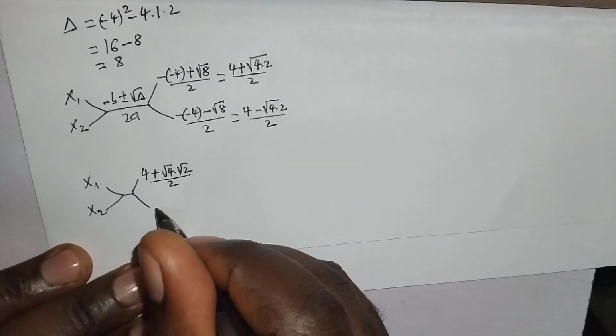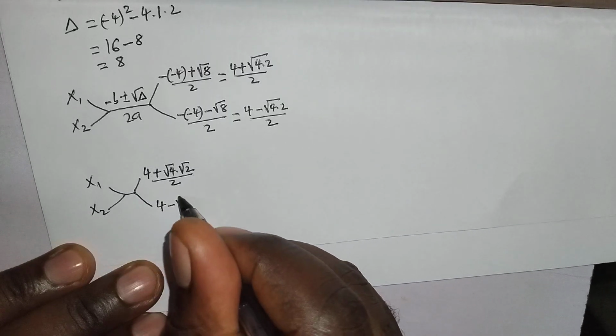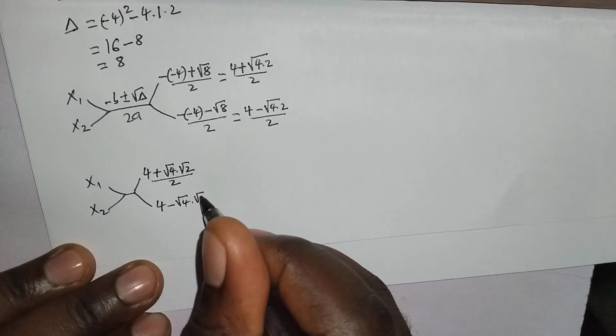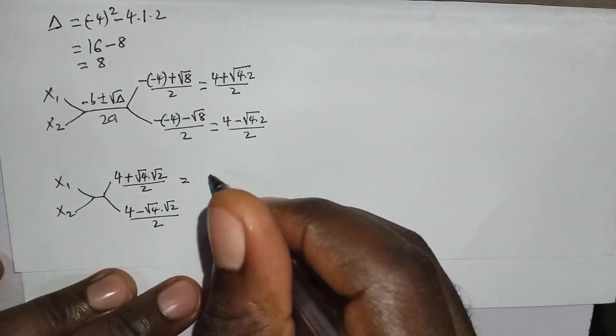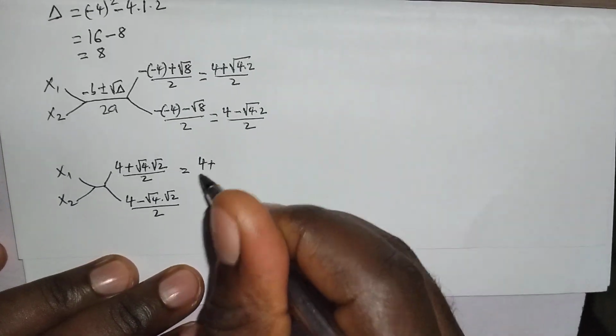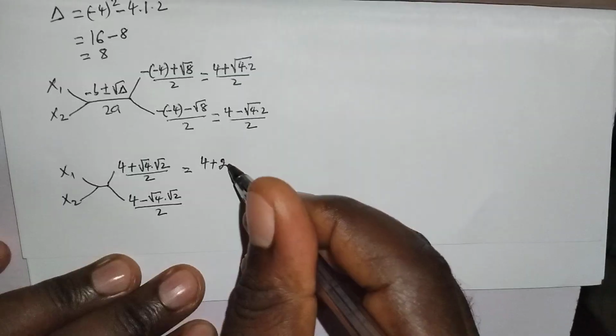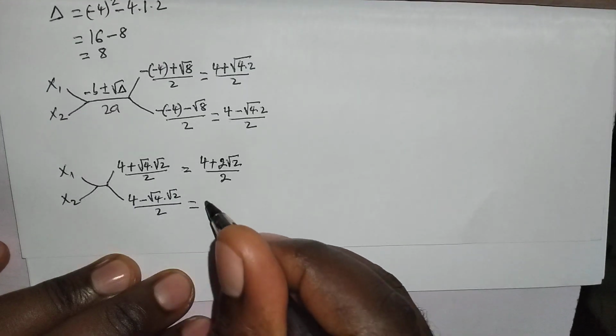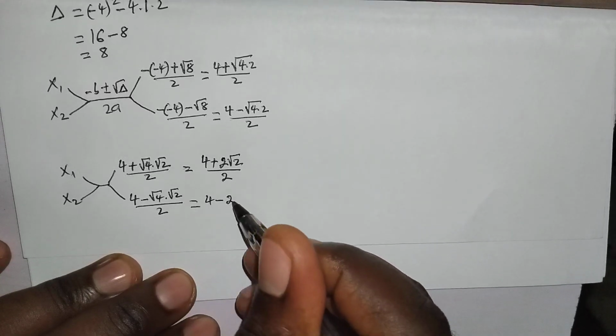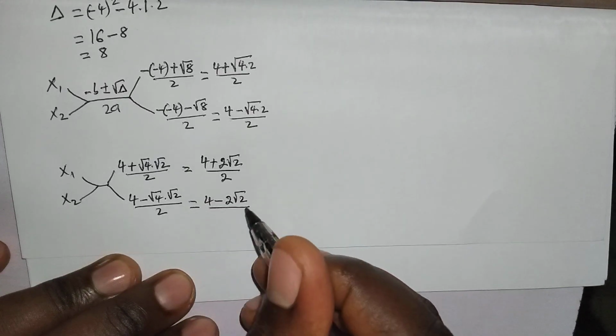This is equal to 4 plus 2 square root of 2 over 2, and here 4 minus 2 square root of 2 over 2.